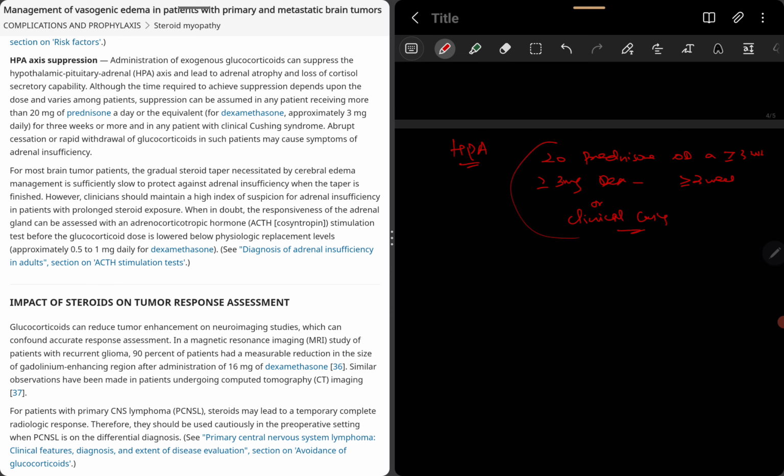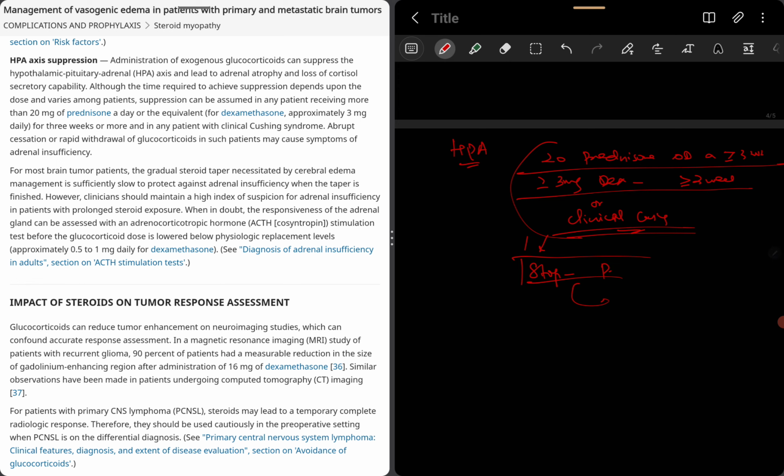In such cases, if someone stops prednisone or DEXA or steroids, then the patient will end up in adrenal insufficiency.